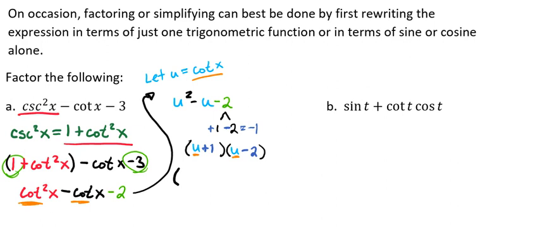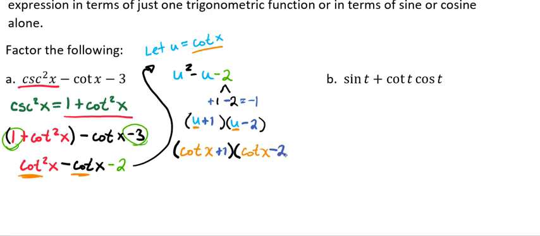So we've got the cotangent of x plus 1 times the cotangent of x minus 2. And we're all factored and finished.